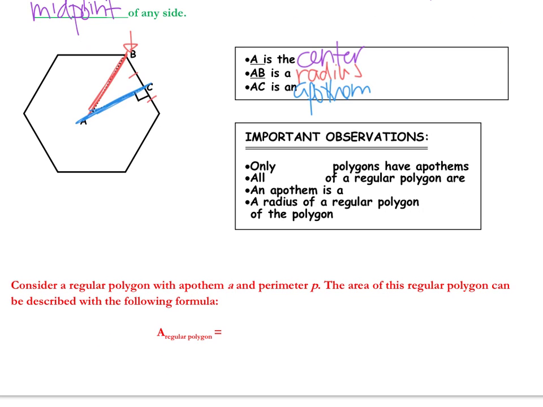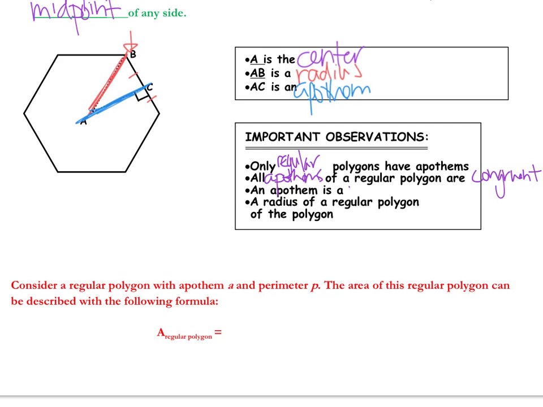Okay. All right, so let's fill in some important observations. So only regular polygons have apothems. All apothems of a regular polygon are congruent. Now the next one's kind of long.